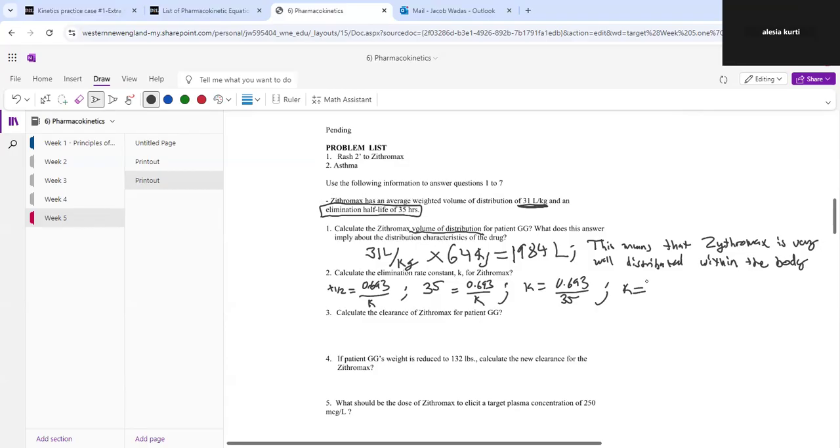K will equal... you guys get anything yet? I got 0.018. Good. For rate, we have to use 3 decimal places, right? Yes, so it's going to be 0.020.